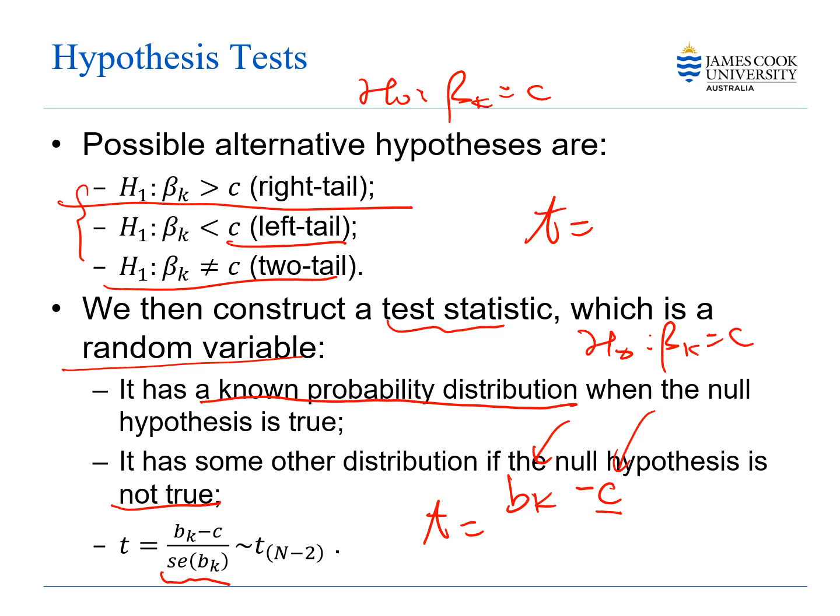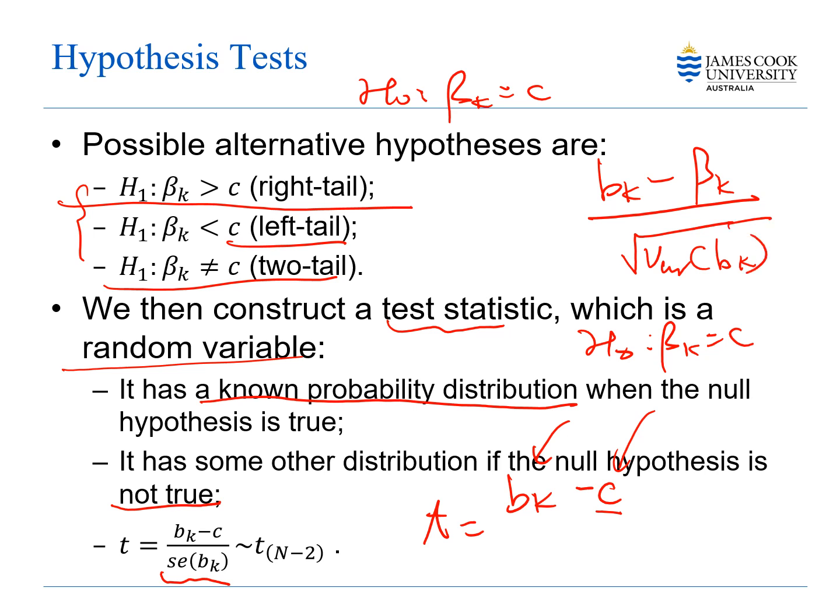If you remember previously, we can standardize b_k, and this way b_k minus beta k, which is the true value. b_k is the estimator of beta k, and we know that b_k has expectation of beta k, divided by the standard deviation of b_k.